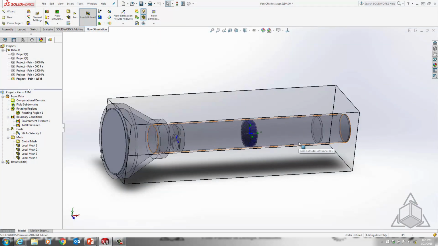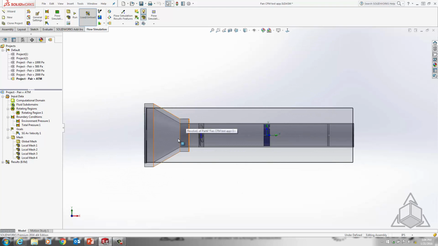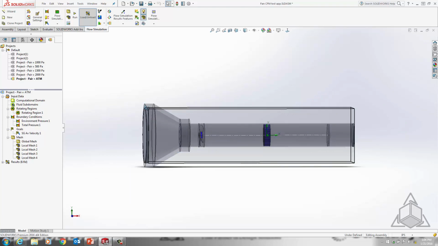So here is the model that I have put together based on that standard, which I think meets all the requirements that we look at. As long as you have this setup right here, you'll be able to extract all the values you need to match the physical prototype testing. Let's take a closer look at this system.